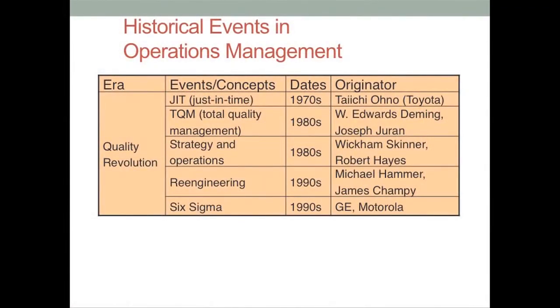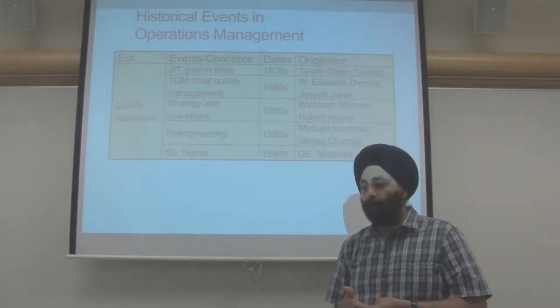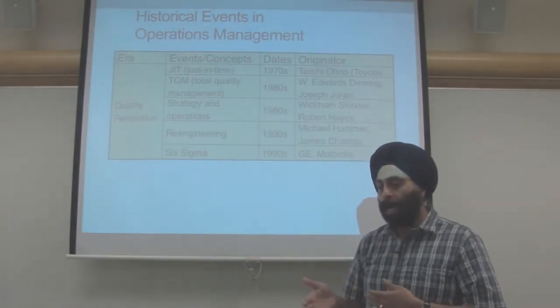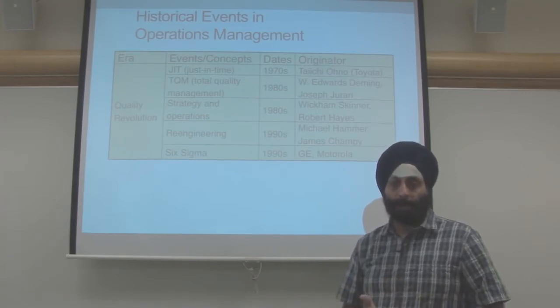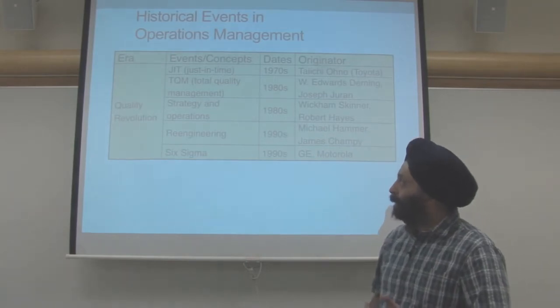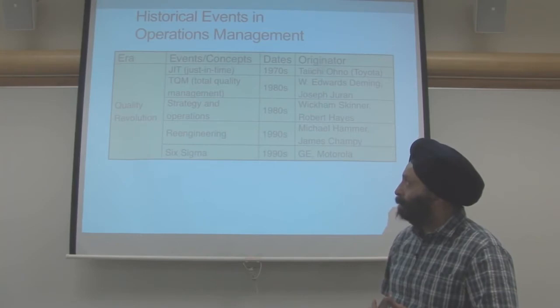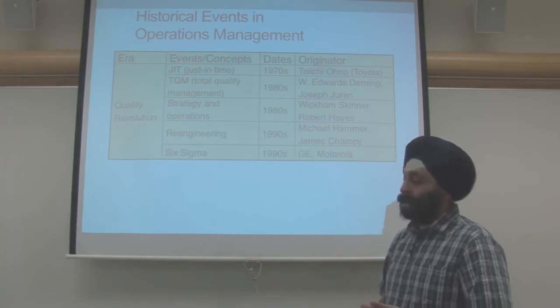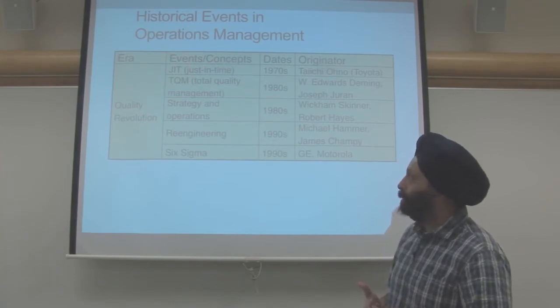Then moving on to the quality revolution, which is where America took note of the high-level quality that Japan was offering in its products and services, and as a result, that became a really popular concept to be embraced by US industry.